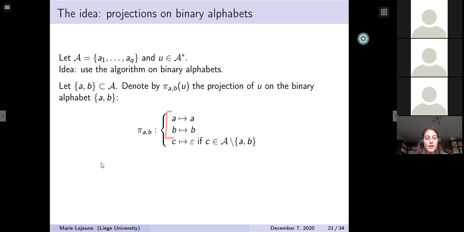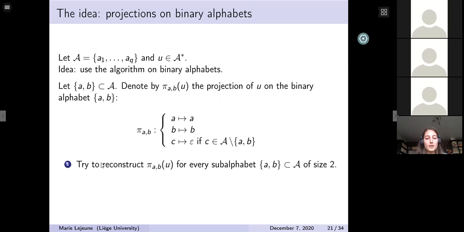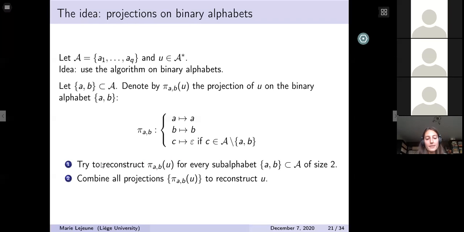So I just keep the A's, keep the B's, and erase all the other letters. And what I am going to do is first try to reconstruct all the binary projections on subalphabets of size 2. This is easy. This is where I'm going to use the algorithm for the binary case. And then I'm going to combine all the projections here to reconstruct the word U uniquely.